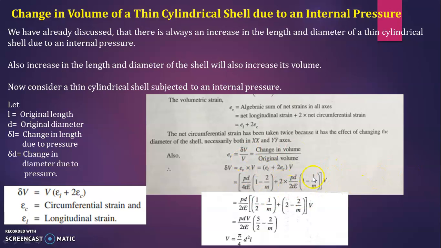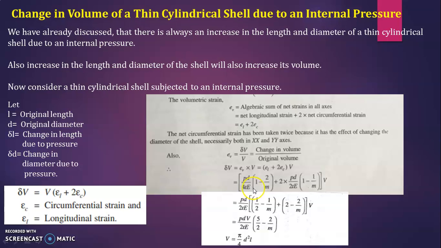So EV is equal to EL plus 2 times EC, longitudinal strain plus 2 times circumferential strain, into V. I told you in the last class what the longitudinal strain and circumferential strain are.